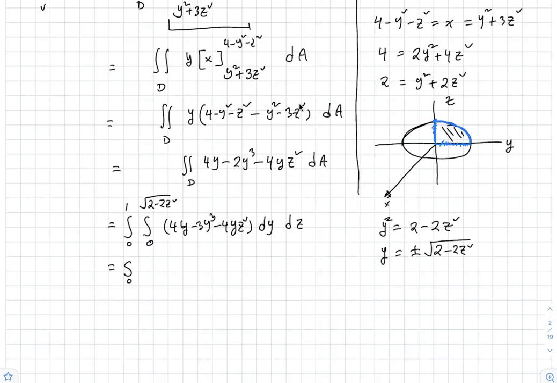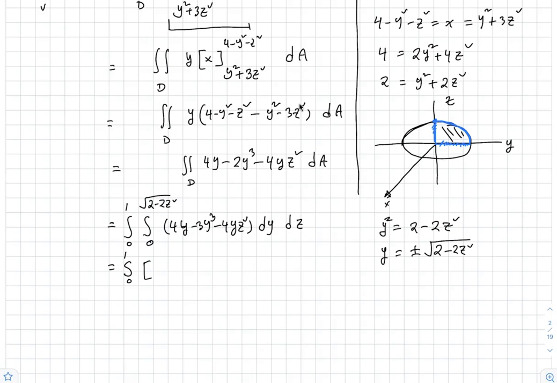And this is just an iterated integral. You have to be careful, since one of the limits is dependent on the other coordinates, so an iterated integral has to be done one at a time. So let's first solve this inner integral. Integrate 4y minus 3y cube minus 4y z square with respect to y.